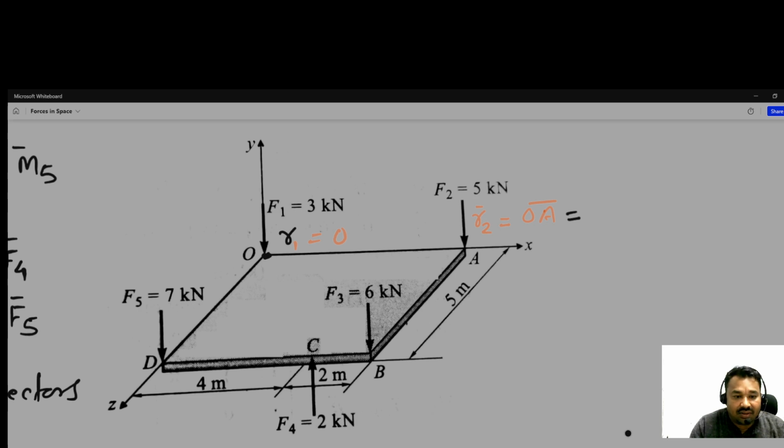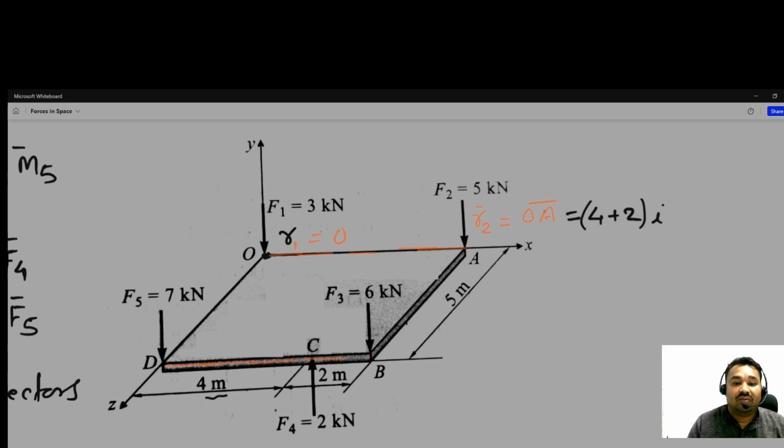This distance from O to A is parallel to x, so it is 4 plus 2, and that's why I.